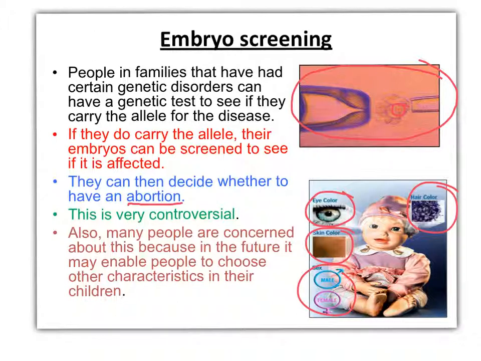On the other hand, if you genetically screen an embryo that maybe has cystic fibrosis and are choosing the embryos you're putting back into the uterus to grow, then as a parent you are not allowing your child to grow up with a disease that ultimately is going to lead to them having a very short life. In your exam, you might be asked to look at or evaluate embryo screening.